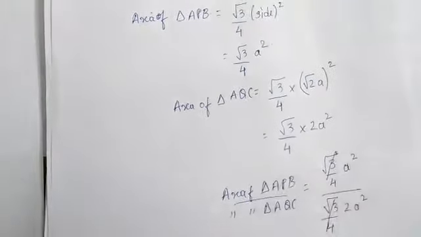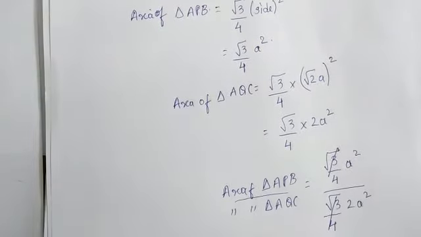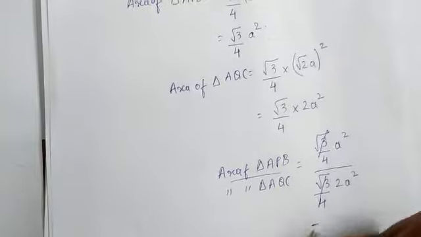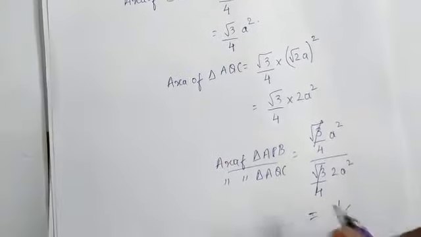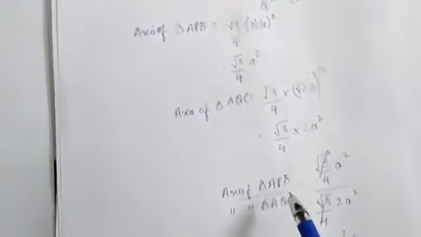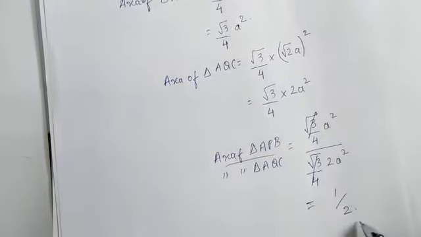So both get cancelled, and you get 1 by 2. So by this you can simply say the area of one triangle is half the area of the other triangle.